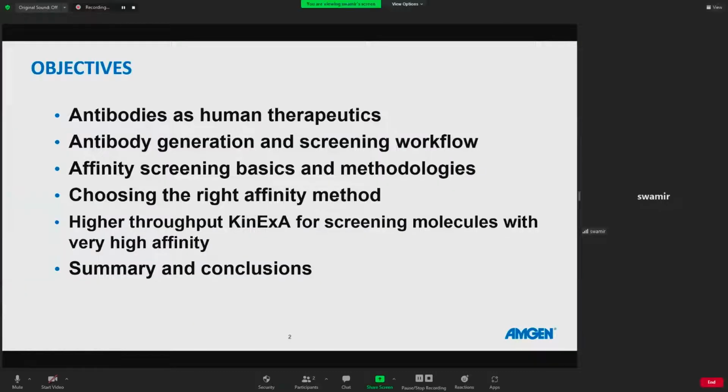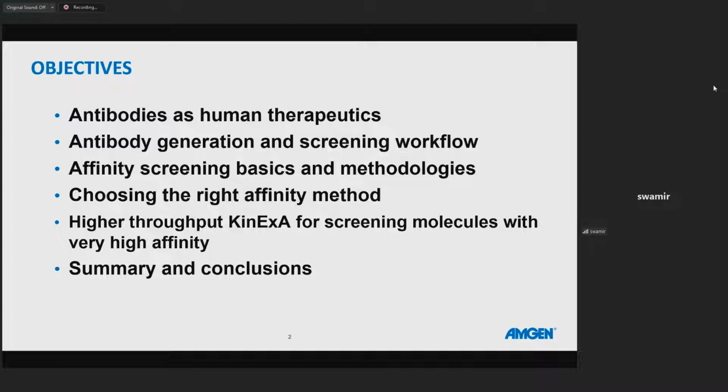The main agenda would be why antibodies are human therapeutics, and what is our screening workflow, then how we use affinity screening, and before that, the basics and methodologies we use, and what could be the right affinity method to choose for screening the leads.